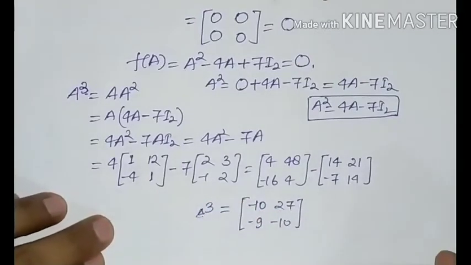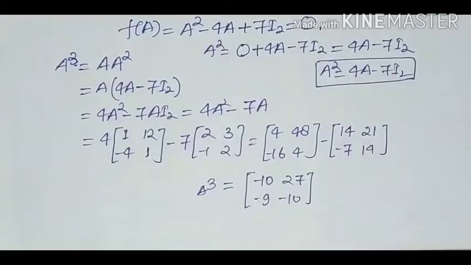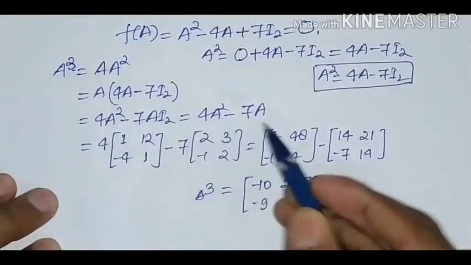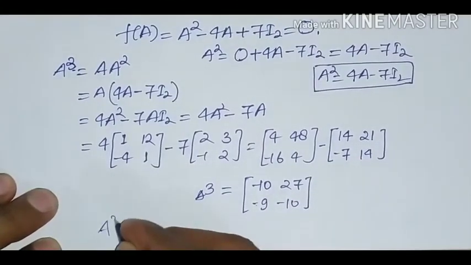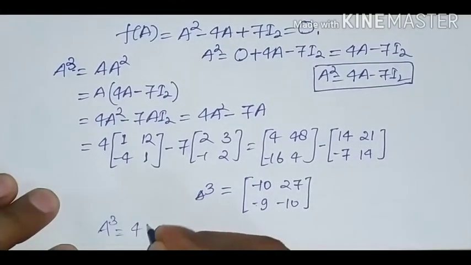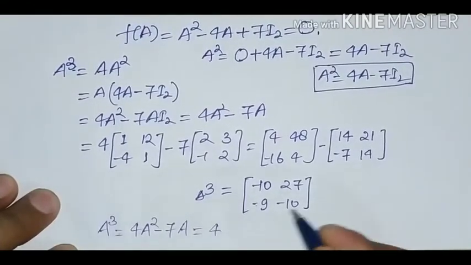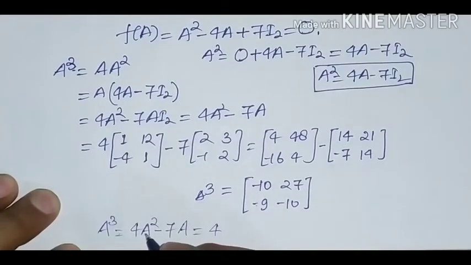Now we have to find the value of a to the power 5, and here the value of a cube is 4a square minus 7a. That is, a cube equals 4a square minus 7a, which equals 4 into, I'm going to put here the value of a square.